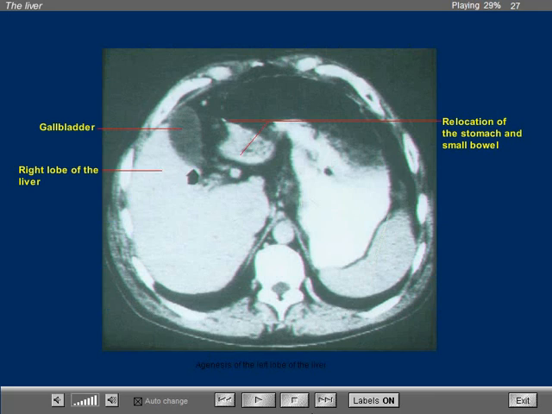Note that to the left of the right lobe we see the gallbladder, and we see to the left of the gallbladder the bowel and the remaining portion of the stomach. So agenesis of the left lobe will cause organ relocation. And in this case, the bowel tends to occupy the space of the left lobe of the liver.